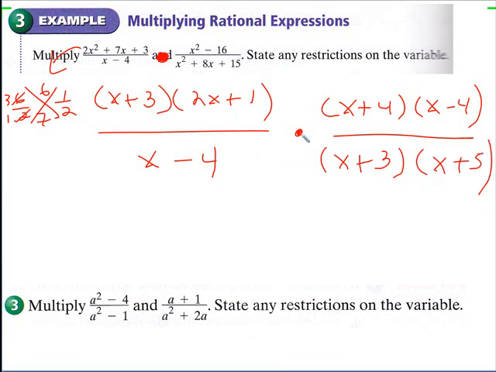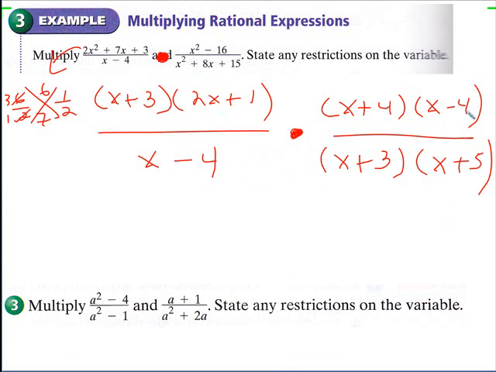So now that you're multiplying, you can look to cancel. When you're canceling, you can cancel either across in an x, or top with bottom. You cannot cancel side to side. So in an x, or top with bottom. Top and bottom's okay, or in an x, not side to side.